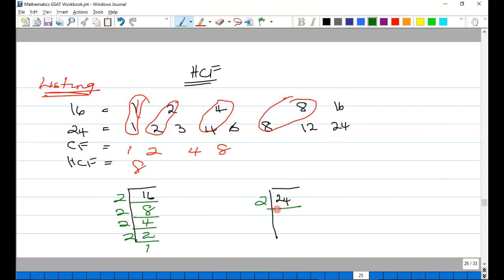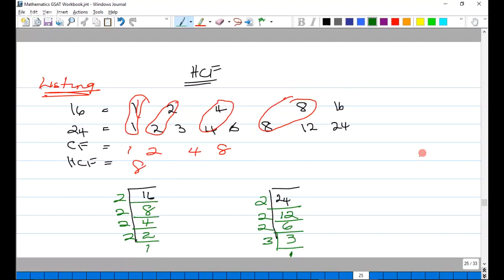Again, 24 is even. 2 into 24, 12. 2 into 12, 6. 2 into 6, 3. Can I use 2? No. Because 2 is not a factor of 3, because it would have a remainder of 1. So we need to use what? 3. So 3 into 3, 1.